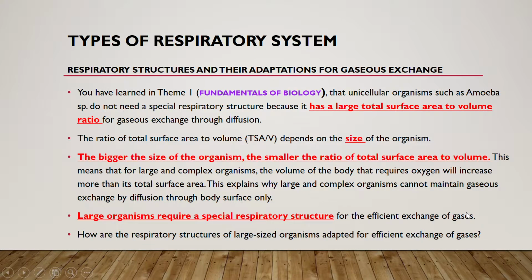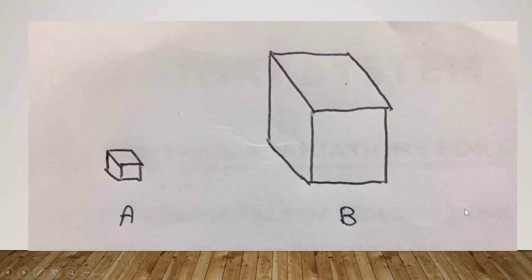Let's move on. Now you can see here two cubes, A and B. It's obvious that B is of bigger size. Now the second question is, which one has a larger TSA to volume ratio? We know that the bigger the size, the smaller the TSA to volume ratio.